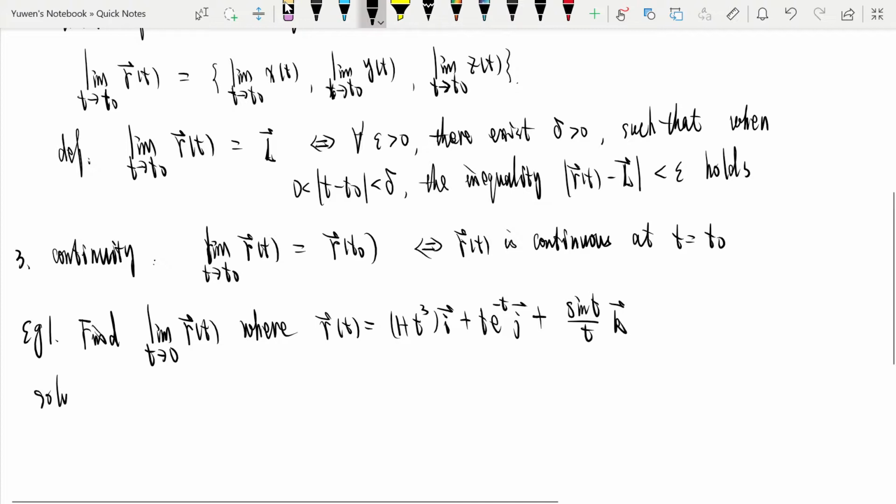The solution is that we take the three limits for the components of r(t).